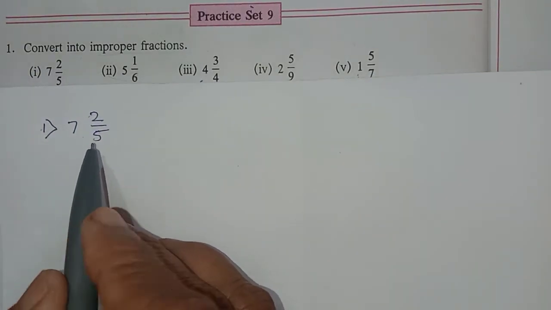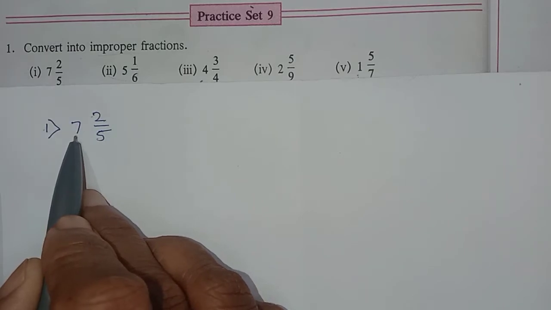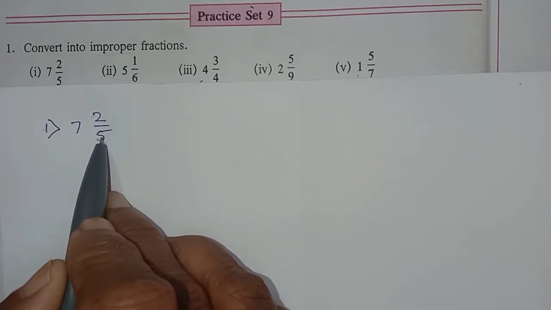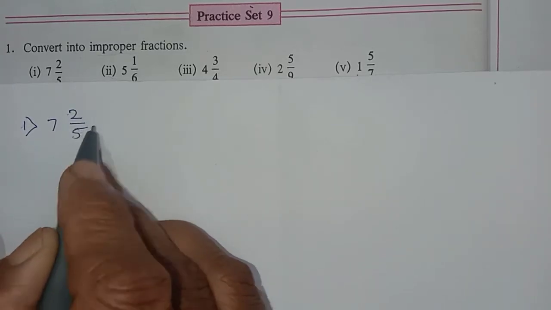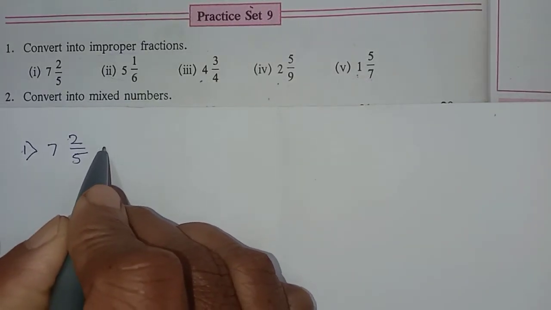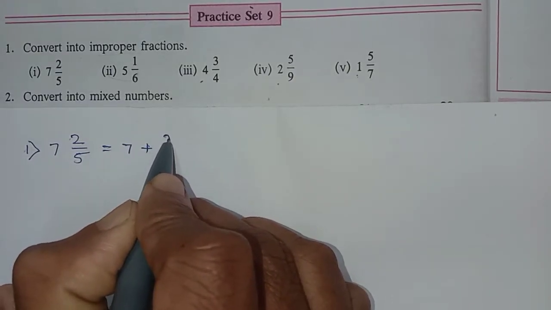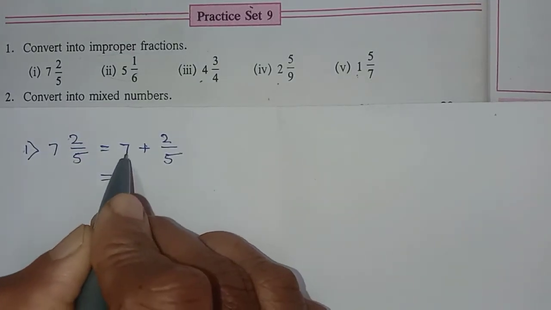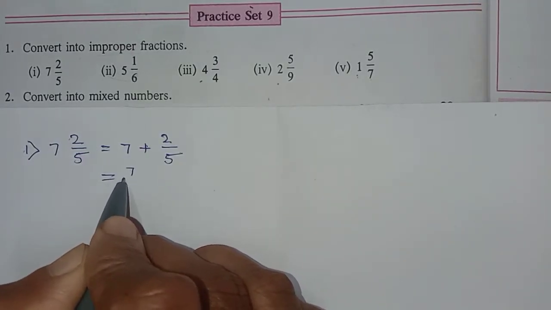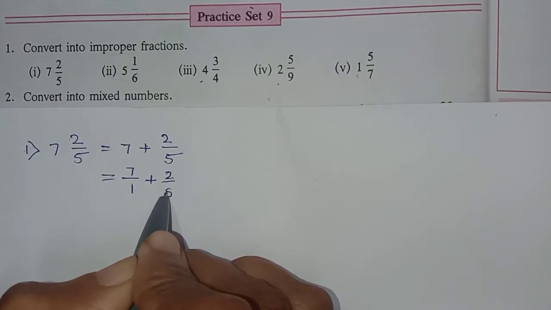We know that in this mixed number there is 7 as the whole number and 2 upon 5 as the fraction. So we can write 7 integers 2 upon 5 as 7 plus 2 upon 5. Now we can write 7 as 7 upon 1 plus 2 upon 5.